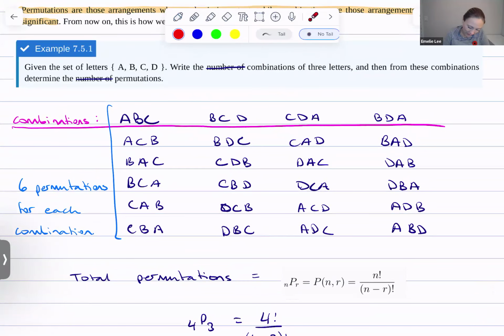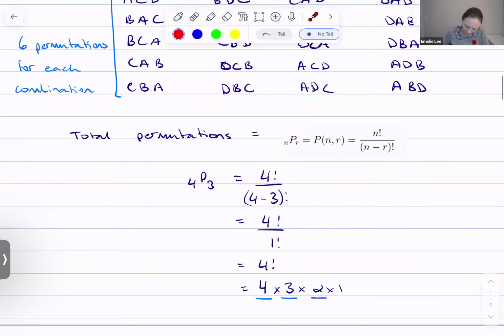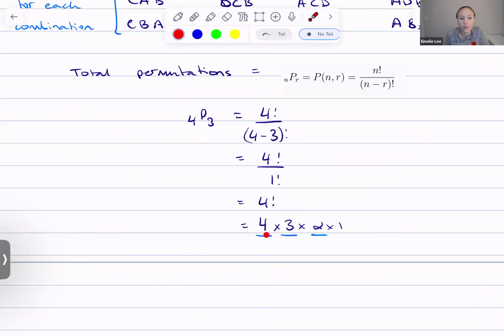From 4 things, A, B, C, D, if I want to make groups of 3, then for my first letter I have 4 choices, for the second letter I have 3 choices, and for my third letter I have 2 choices left. And so you get the same answer.